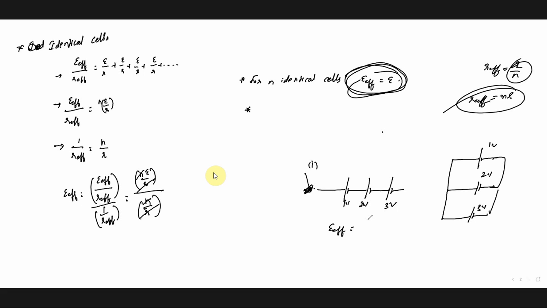Six volts. Yes, 6 volts. Now in the second case, in parallel combination without internal resistance, the cell with the highest EMF is the effective EMF. So 3 volts is the effective EMF.